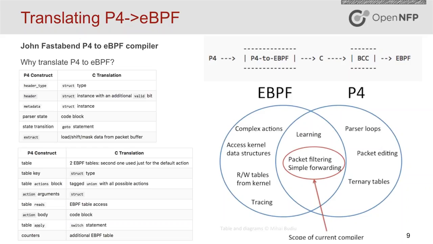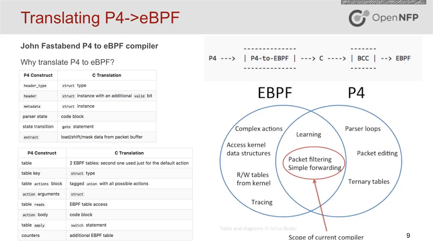Table apply in P4 would be implemented using a switch statement in this translation. So what John's compiler does is it takes a P4 program, converts it into this C-like representation, which is then put through Clang, the LLVM backend, spitting out eBPF bytecode.